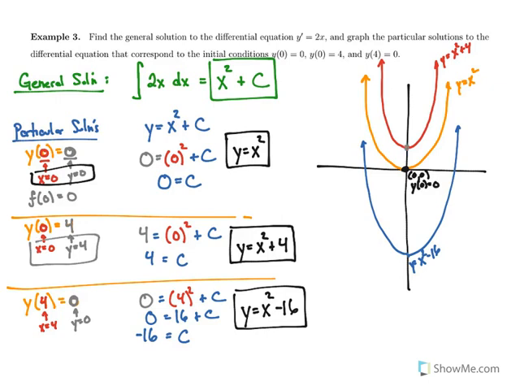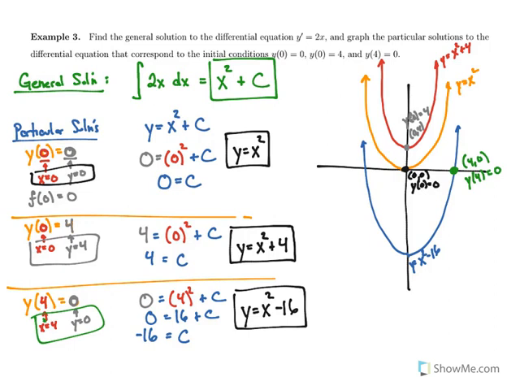And again, that corresponds to the point 0, 4, the condition y of 0 equals 4. And finally, we have that this x equals 4, y equals 0 is going to correspond to this point right here, 4, 0, which corresponds to the condition y of 4 equals 0.